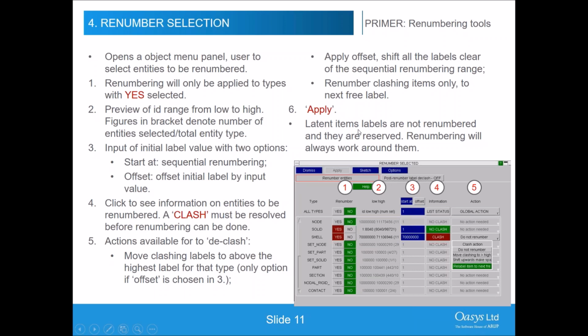And again, latent items will not be renumbered, and they are reserved, so the renumbering options we see here will always work around them. Once you're happy with the renumbering, you need to press apply. And just to note, if there's a clash, the apply button would not be made active, so you need to carry out an action on the clashed items.